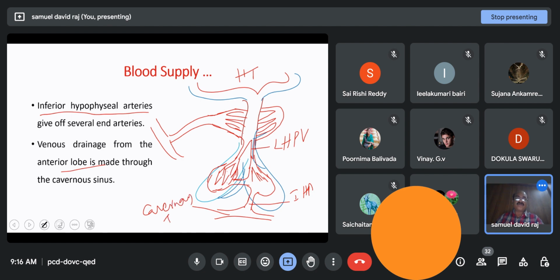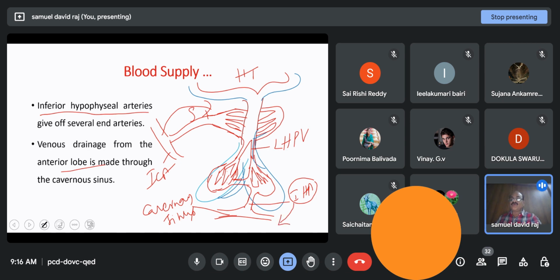So this is how the blood supply takes place. This is the internal carotid artery. These are the superior hypophyseal arteries. Blood is received through these two, and these are the inferior hypophyseal arteries, and this is the cavernous sinus through which the blood comes out.